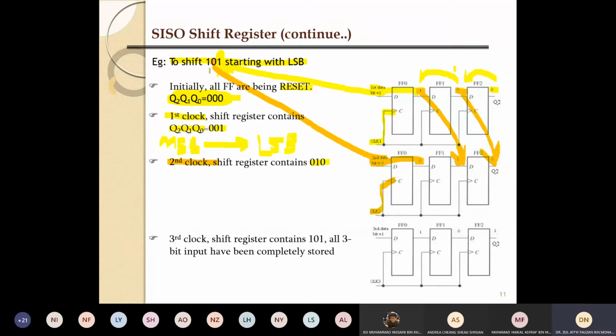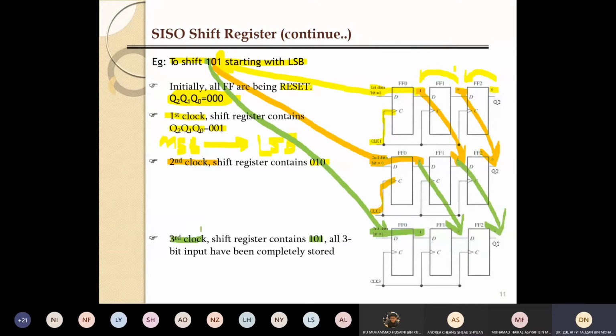Third clock, which is bit 1, we move to here. On the third clock, the shift register contains 101. All 3 bits of input have been completely stored. This bit 1 becomes the output here, this 0 comes from here, and this one comes from here.